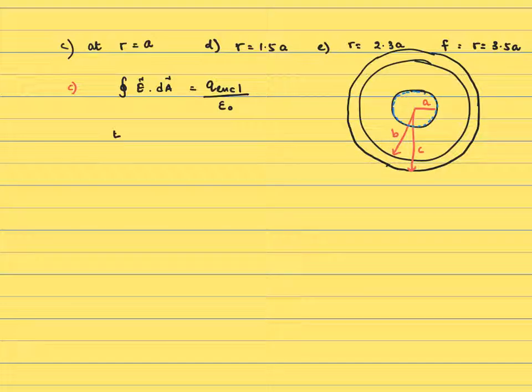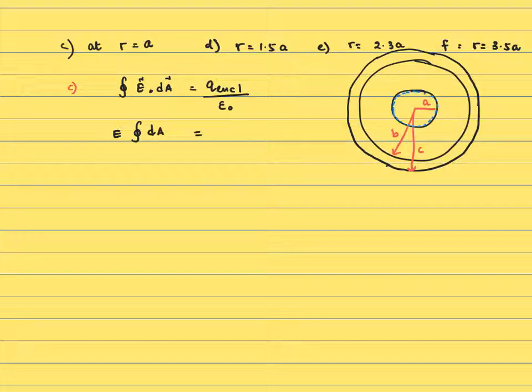The electric field is constant, and the E field and the area vector are parallel to each other. So when you expand the dot product, the cosine theta becomes cosine 0 and it goes away. I am not completely ignoring the vector dot product here. We talked about it in the last video too.